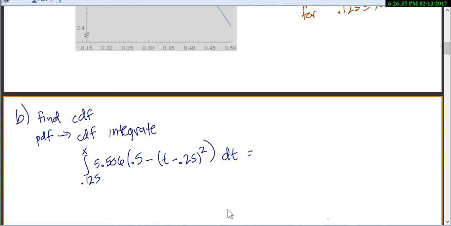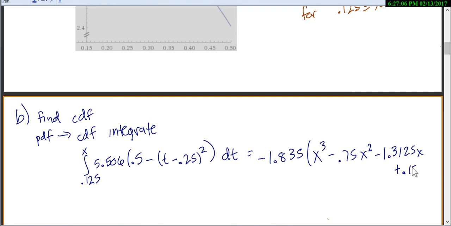If you needed to do it by hand, you could do it. It's going to be almost the exact same thing as what we did up above, except instead of an A, we have this 5.5, and we have an x for our upper limit. But we get negative 1.835 times x cubed minus 0.75 x squared minus 1.3125 x plus 0.174.